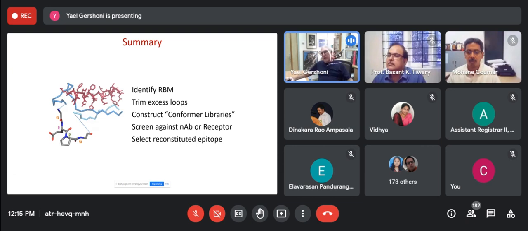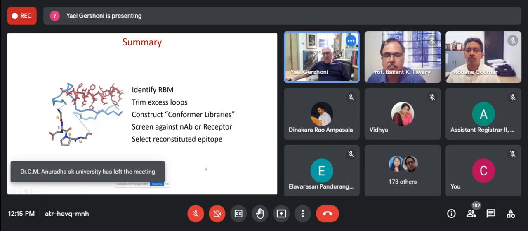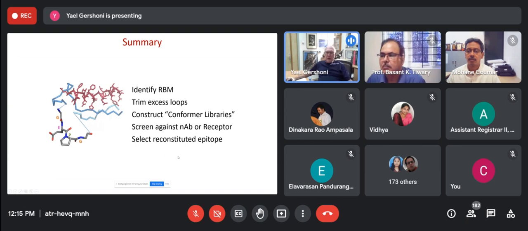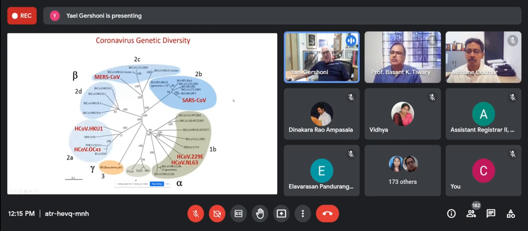Now, all of this was very interesting, and we thought we had a template, or at least a prototype, for a SARS coronavirus vaccine. But as you all know, by 2003, nobody could care less because SARS petered out and disappeared. But as you can see, in 2012, if this is SARS coronavirus, another beta coronavirus, MERS coronavirus, emerged.